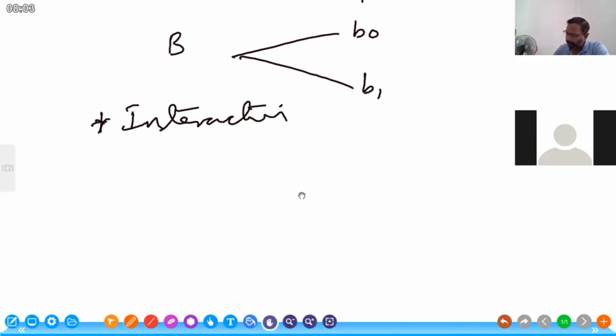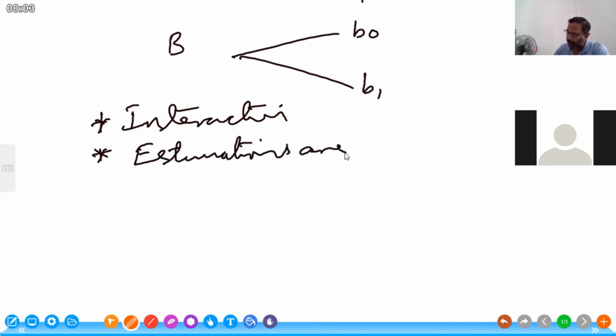Meantime, the other advantage of this factorial experiment is that estimations are more precise. Why are estimations more precise? Because there are indirect replicates. We will see that today or in the meantime.